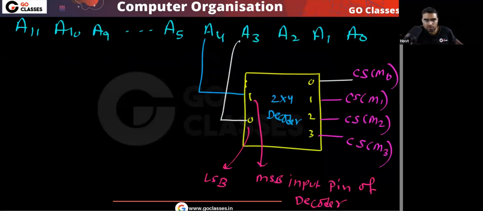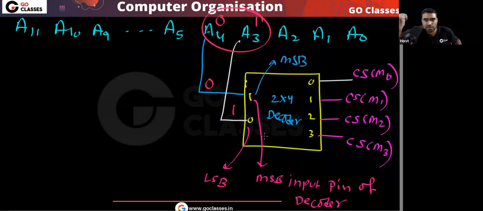So if I put, for example, 0 here and 1 here, now tell me who will be activated? In this decoder, remember this is MSB.